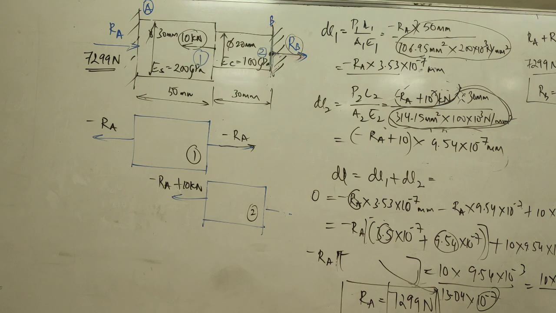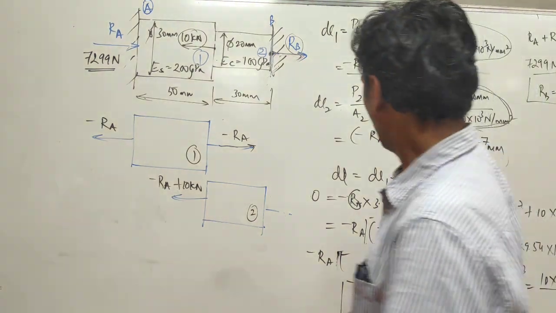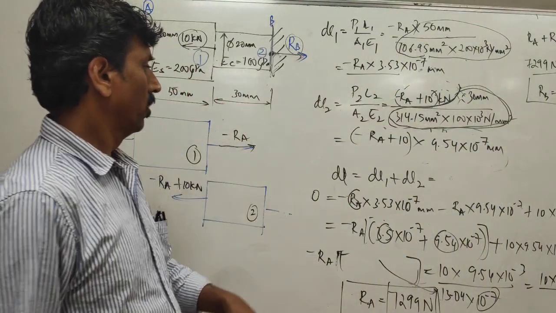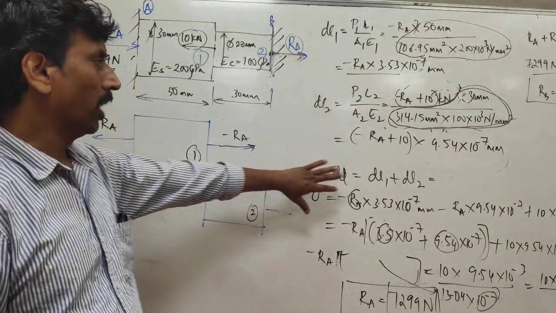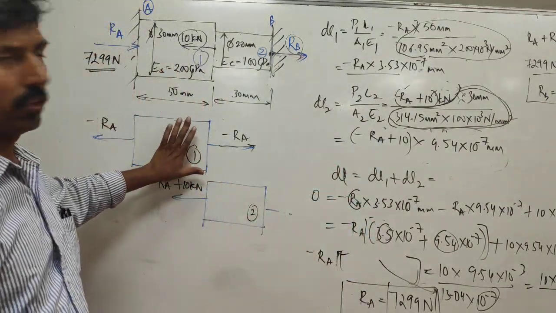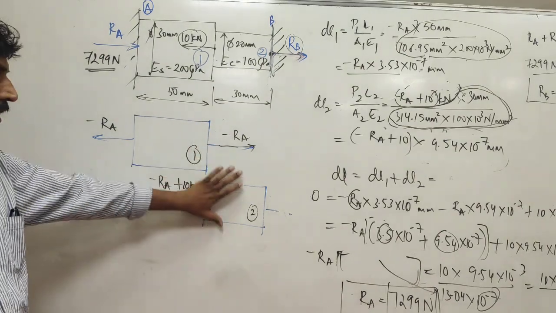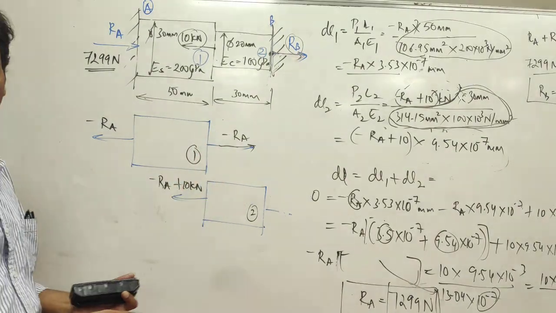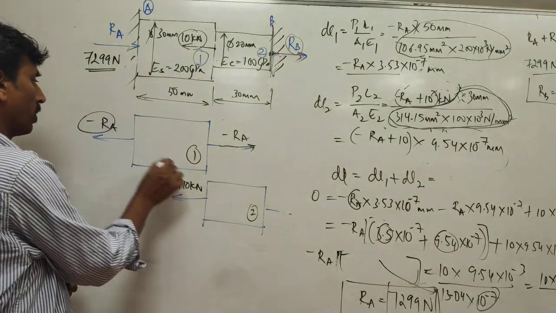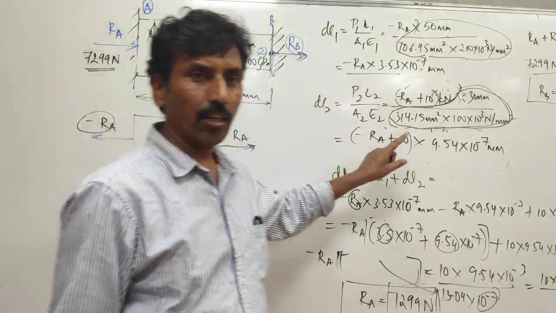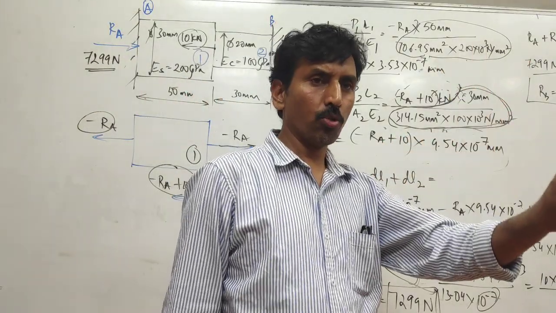You get this. I think the main complexity here is finding RA. Of course, if you understand this concept of trying to give the load in terms of RA, there are two issues in this problem.